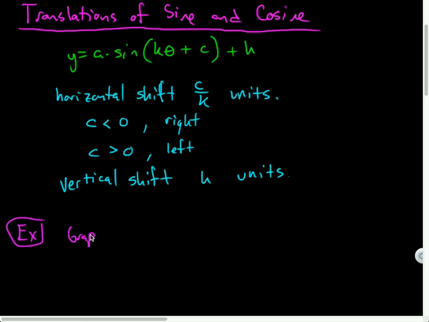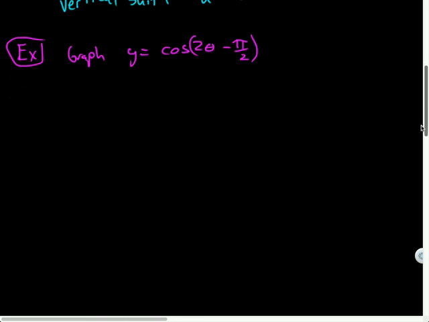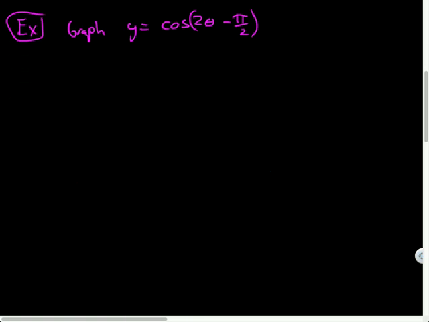So let's graph y equals cosine of 2 theta minus pi over 2. Label what my variables are. What's A? 1. What is K? 2.